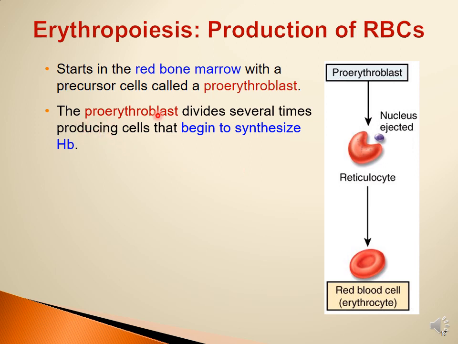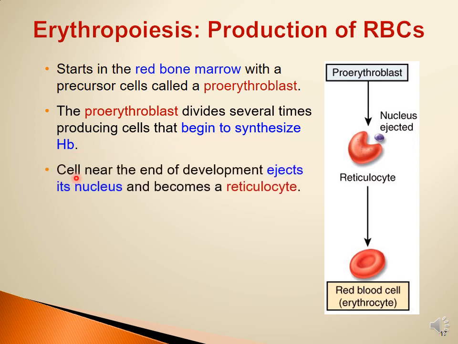The pro-erythroblast divides several times, producing cells that begin to synthesize hemoglobin. Cells near the end of development, after hemoglobin was produced, will eject the nuclei, and they will become cells that are called reticulocytes.